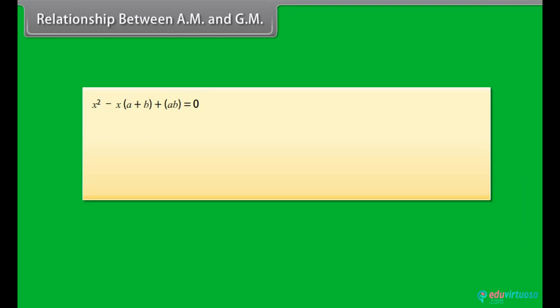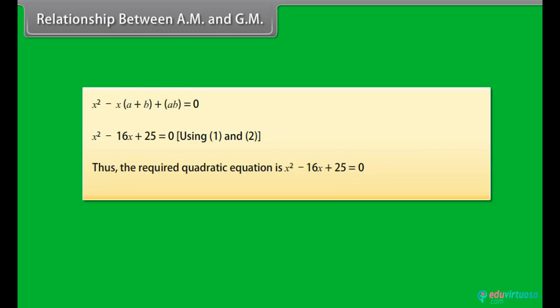X square minus x into a plus b plus ab is equal to 0. X square minus 16x plus 25 is equal to 0 using equation 1 and 2. Thus, the required quadratic equation is x square minus 16x plus 25 is equal to 0.